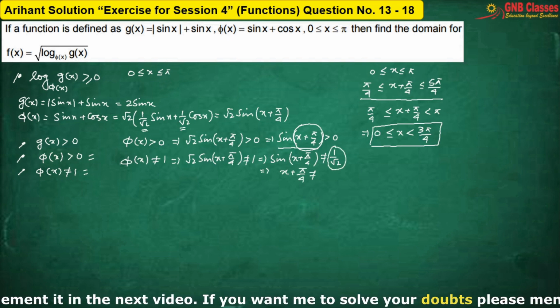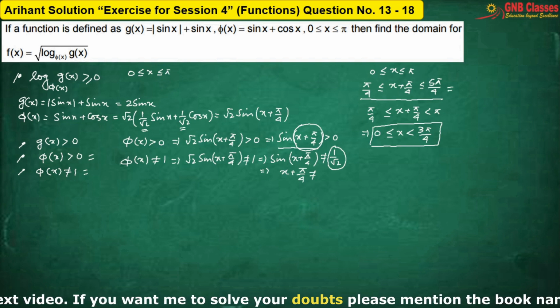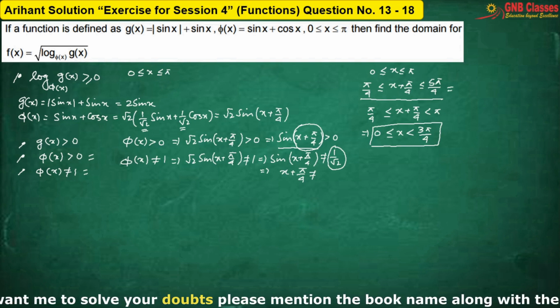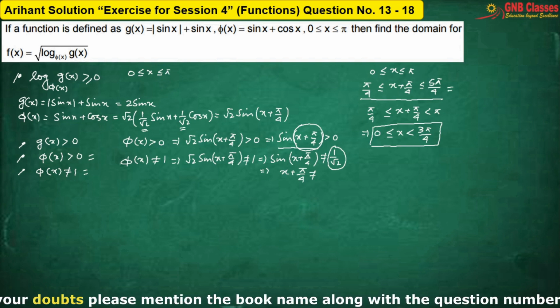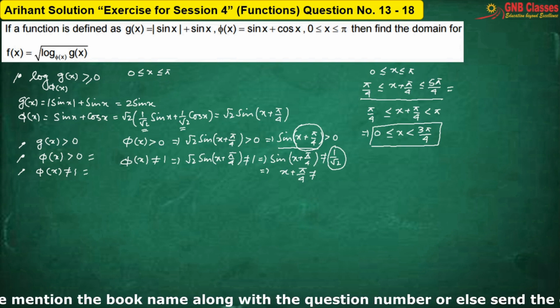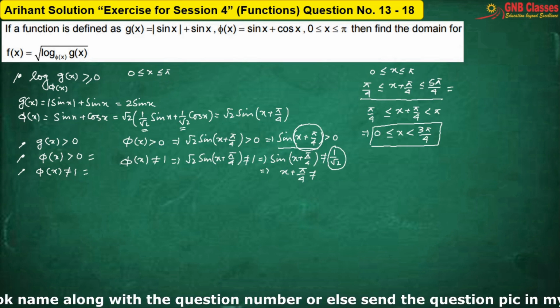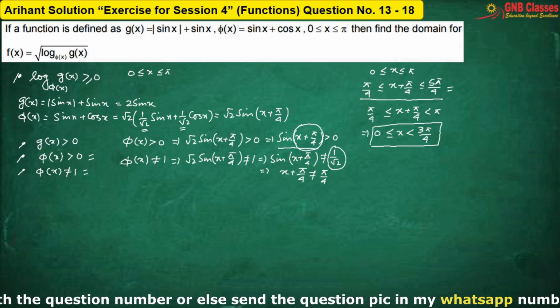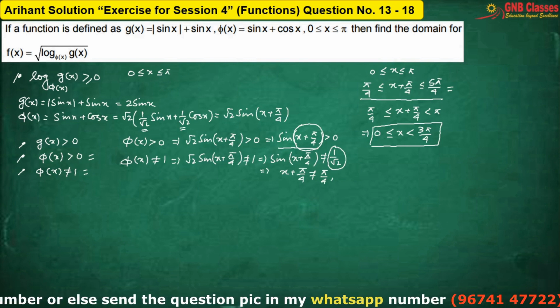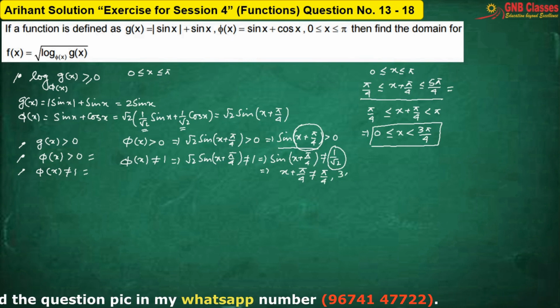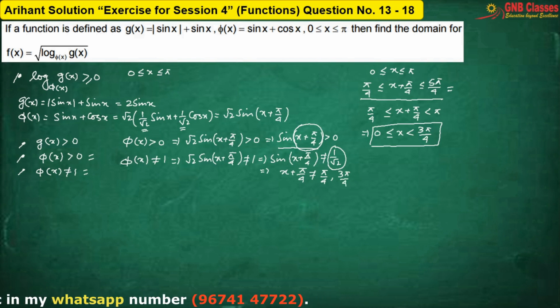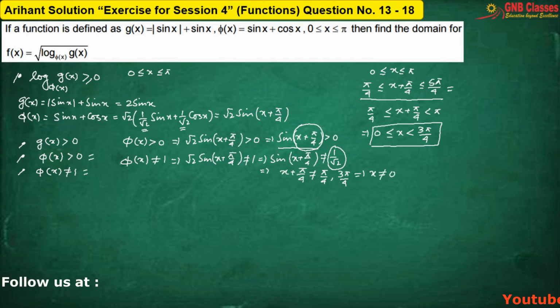Tell me, within this range, that is from pi by 4 to 5 pi by 4, where is your sine theta 1 by root 2? It's simply when it is pi by 4, or it can be when x plus pi by 4 is 3 pi by 4. Is it clear? That implies x cannot be equal to 0 or it cannot be equal to pi by 2.